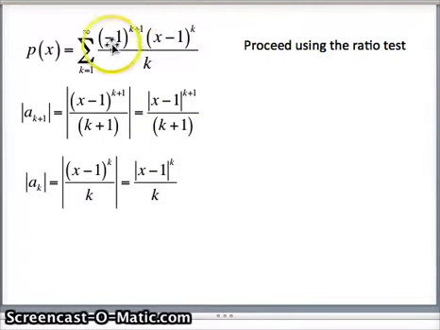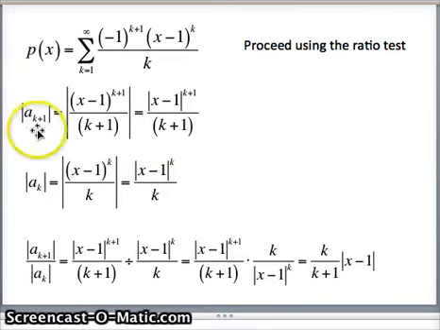For absolute a sub k, again, the sign flasher goes away: absolute x minus 1 to the k over k. If we're using the ratio test, we want to divide these two things. So absolute a sub k plus 1 divided by absolute a sub k.